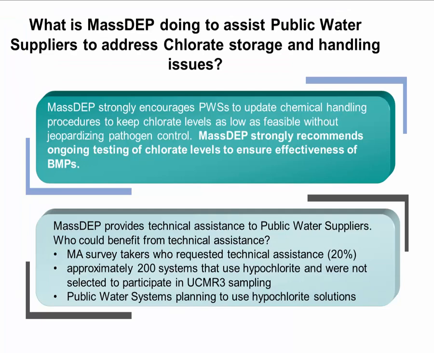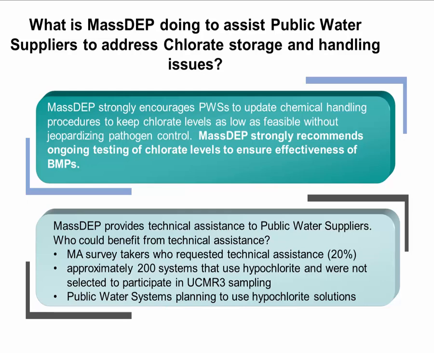What is MassDEP doing to assist public water suppliers to address chlorate storage and handling issues? MassDEP is encouraging public water systems to update their chemical handling procedures to keep chlorate levels as low as feasible without jeopardizing pathogen control.